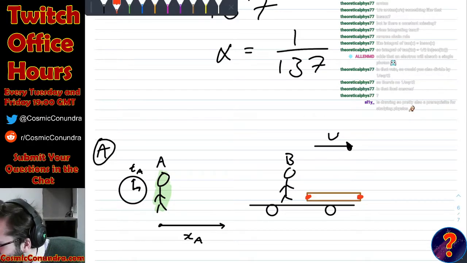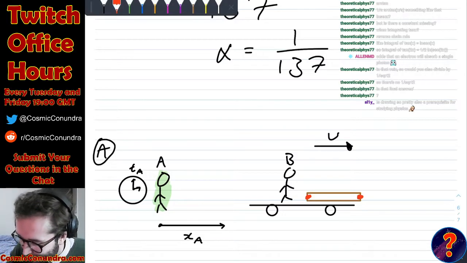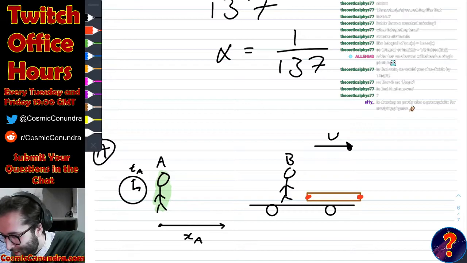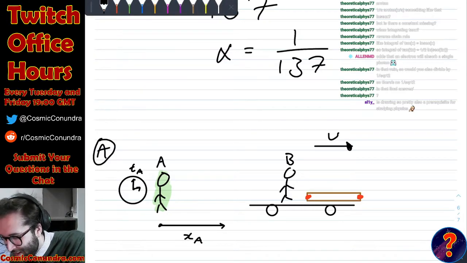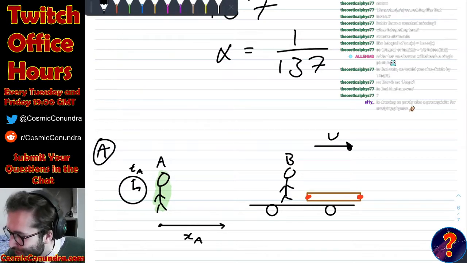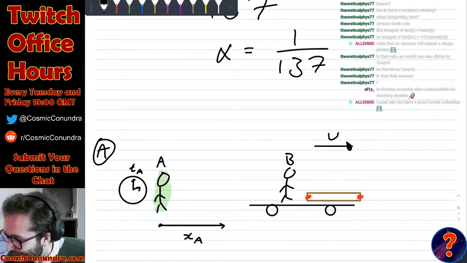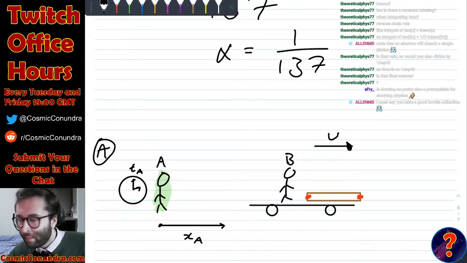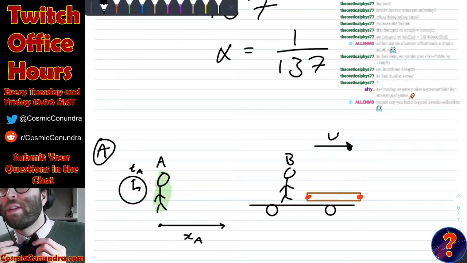Is drawing so pretty also a prerequisite? Wow, you think my drawing's pretty? Crikey. Thank you very much. No, I think it's helped by the iPad. One of my friends pointed out the other day when I showed him something I'd written down, he was very shocked that either my handwriting had got better or the iPad was doing some kind of magic for me, and I think probably it is the iPad. I have a good bow tie collection. Well, I've only actually worn this single one on stream. I wear the same one every day pretty much, and this one has got bumblebees on it.